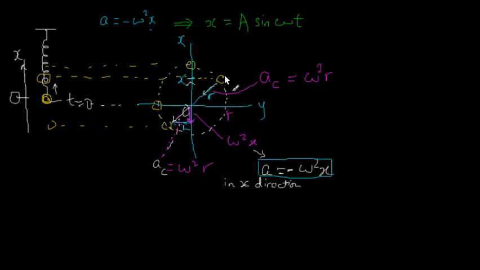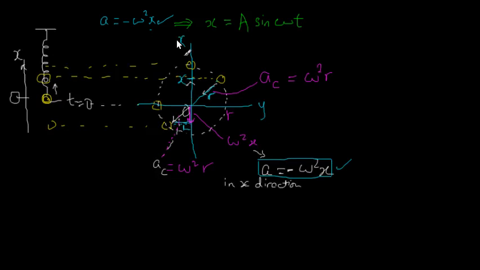So now you can see that I have shown that if this ball is going round in a circle, then the vertical displacement and the vertical component of its acceleration are indeed the same as the equation for the simple harmonic motion.